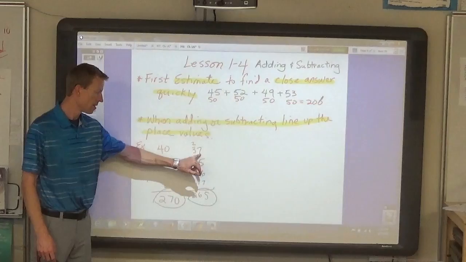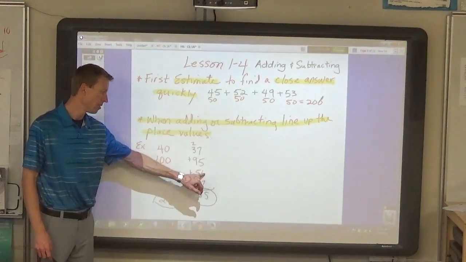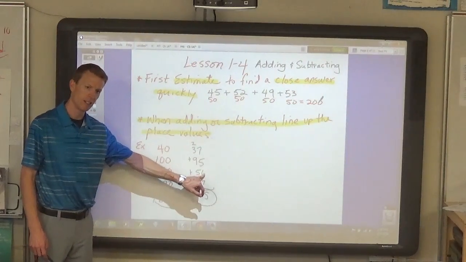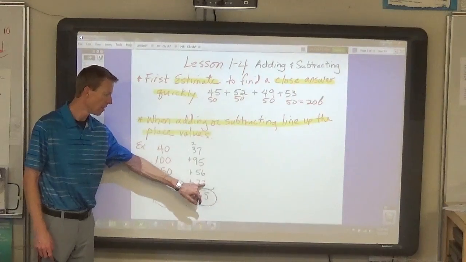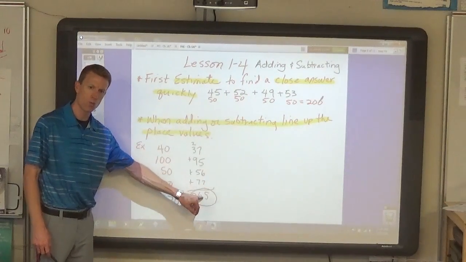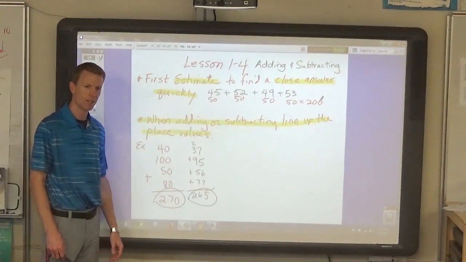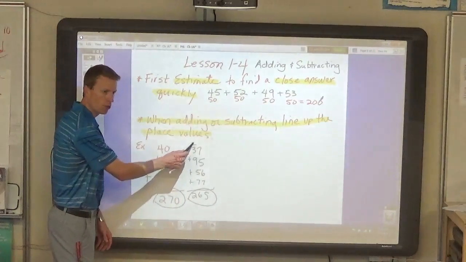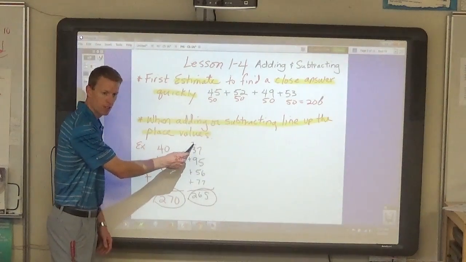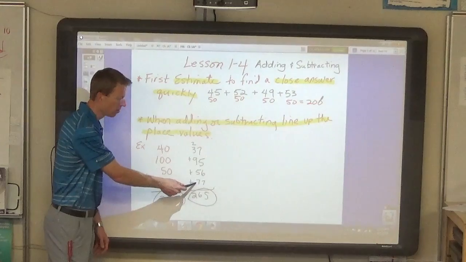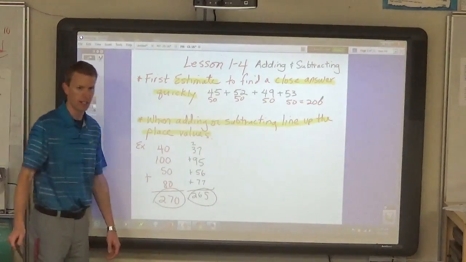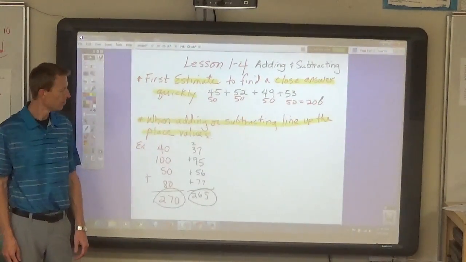So 7 plus 5 is 12. 12 plus 6 is 18. 18 plus 7 is 25. Remember that the two tens in 25 go in the tens column, and the 5 stays there, 5 ones.